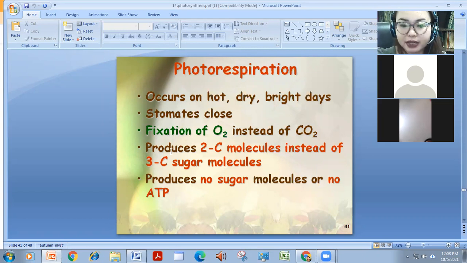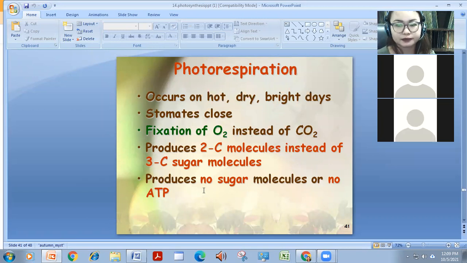Aside from the normal C3 process, we also have photorespiration wherein the stomata close, so they only fix oxygen instead of carbon dioxide, and they produce 2C molecules instead of the 3 carbon sugar molecules, so it produces no sugar molecules and no ATP.